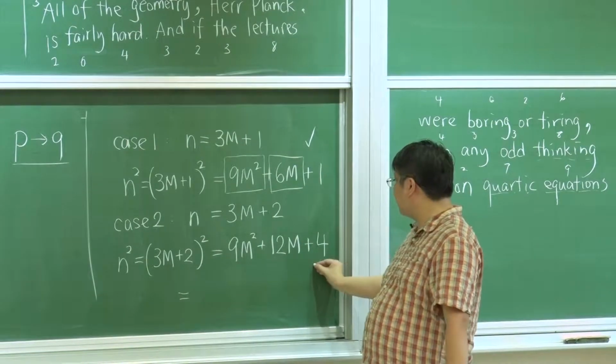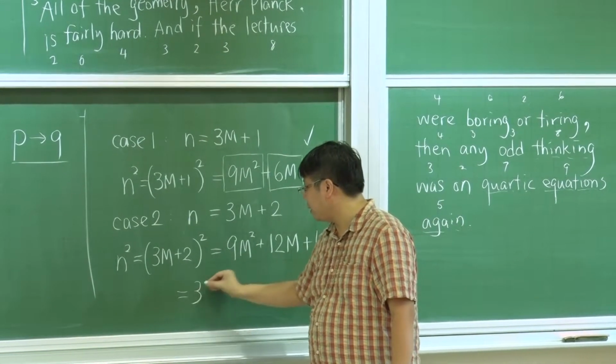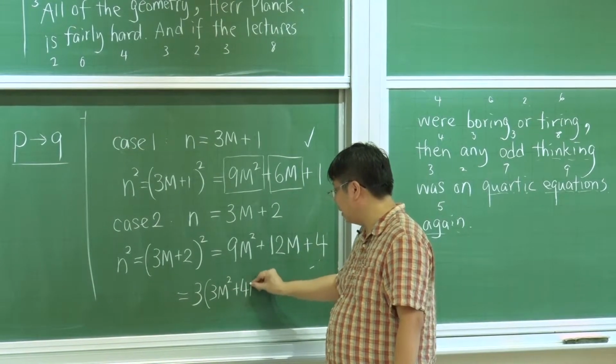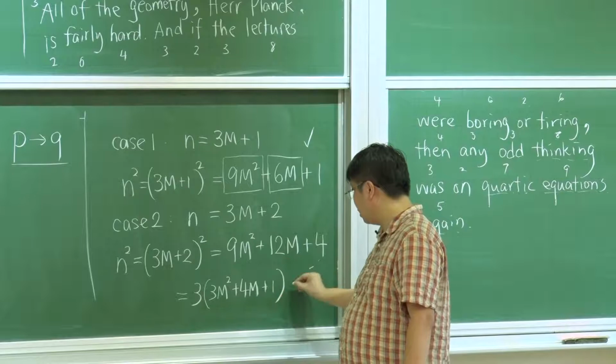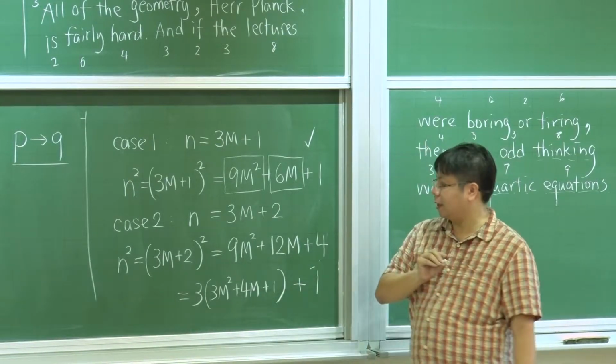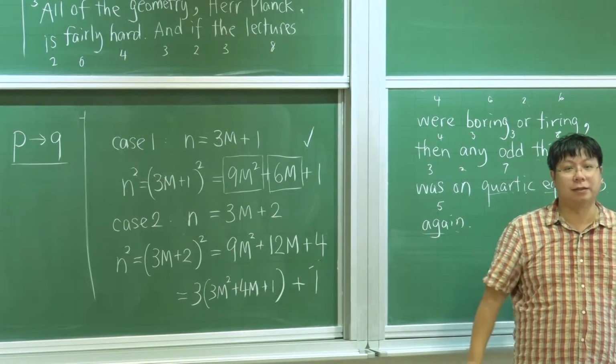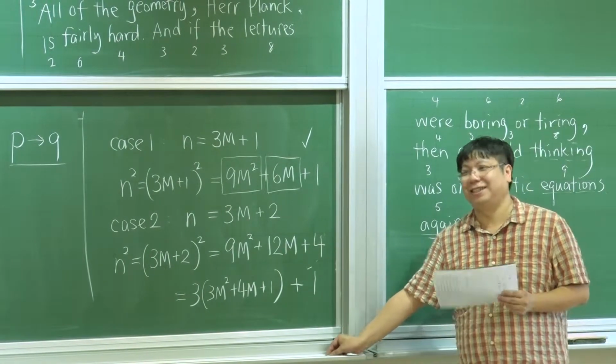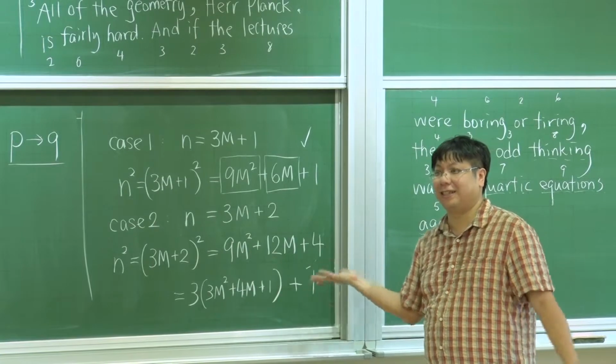So you take out 3 outside, so you will actually have 3 times 3m squared plus 4m plus 1, and then plus 1. Is that okay? And then done. Good. Done.